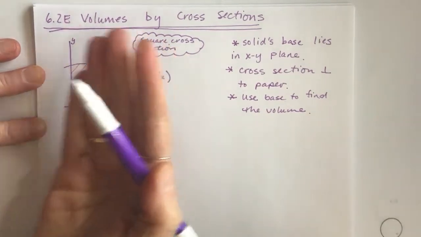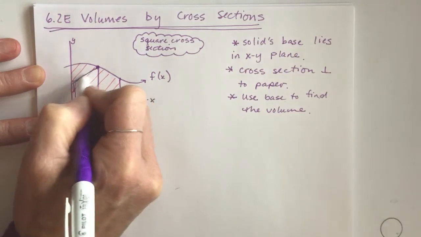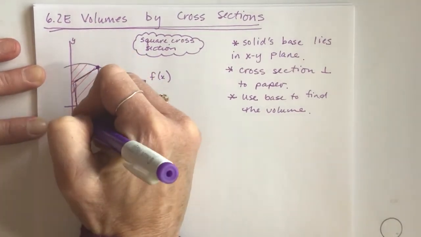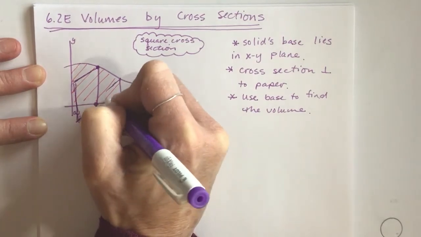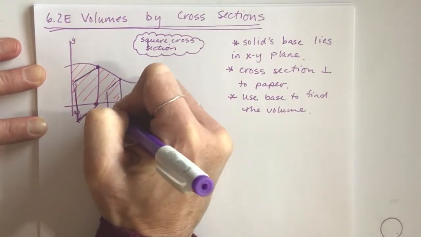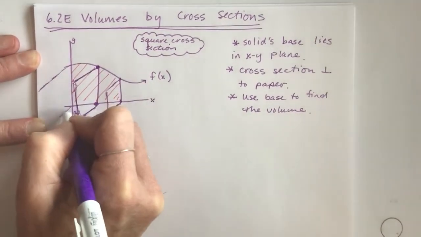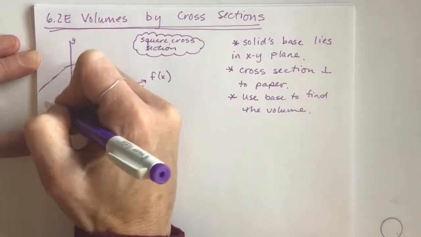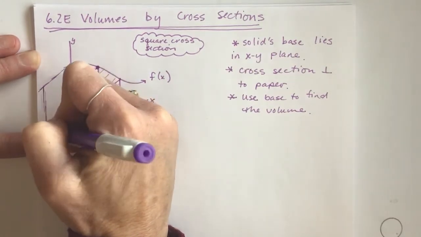So there's my square coming out of the paper here. I don't have the perspective quite right. I'm going to do another square here so you can see what this shape might be, and then this big one, oh my goodness, it's going to almost go off the paper here.